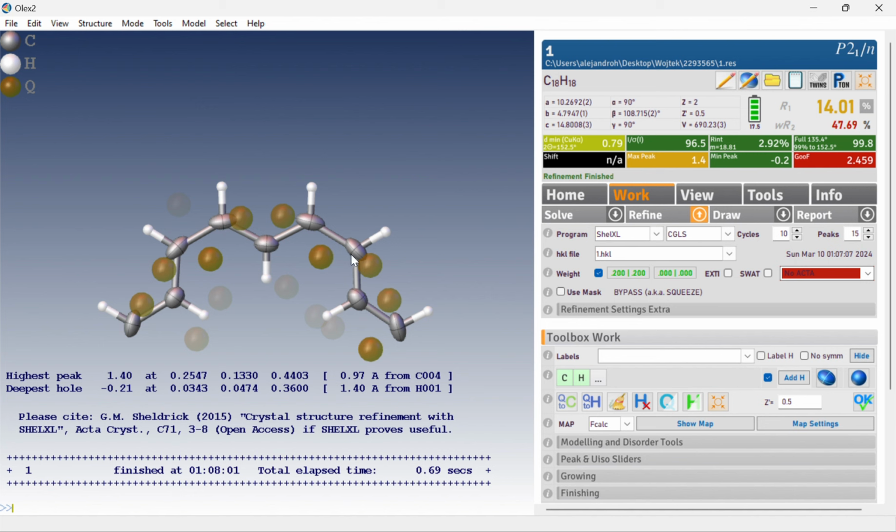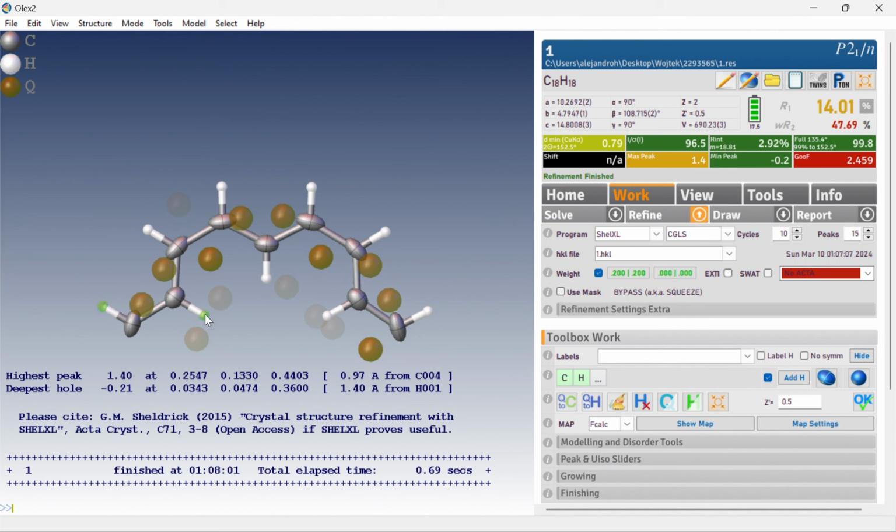To that fragment of 18-annulene that we have included in the model. So it looks like we have a disorder in which the molecule is kind of rotated. The major component and minor component of disorder are rotated with respect to each other. And let's try to model it now.